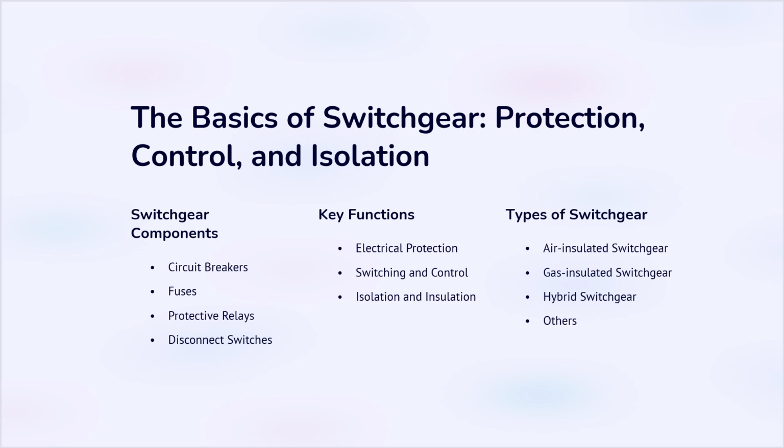Key features are electrical protection, switching and controlling, and isolation and insulation. There are different types of switchgear: air insulated switchgear, gas insulated switchgear, hybrid switchgear, and others. We will talk about all of these in next videos soon.